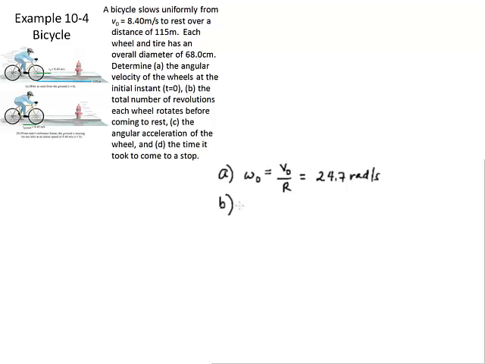So since each revolution corresponds to a distance of 2 pi r, we can calculate the number of revolutions the wheel makes while it's coming to a stop by saying 115 meters over the circumference of the circle, 2 pi r. And since r is 0.34 meters, we get that this travels 53.8 revolutions.